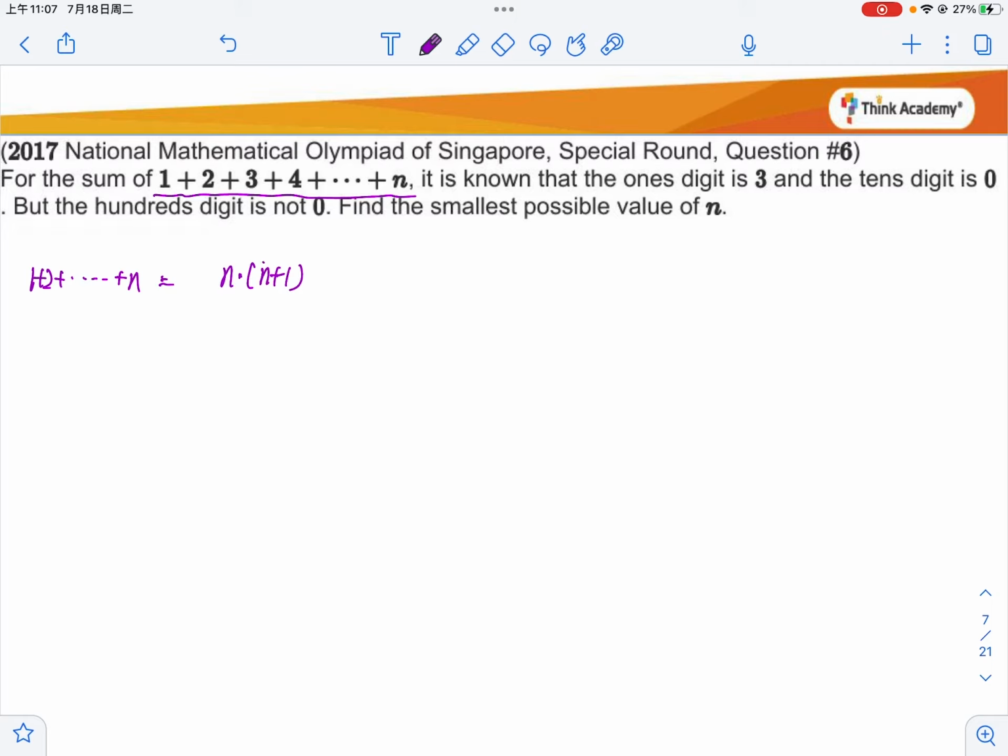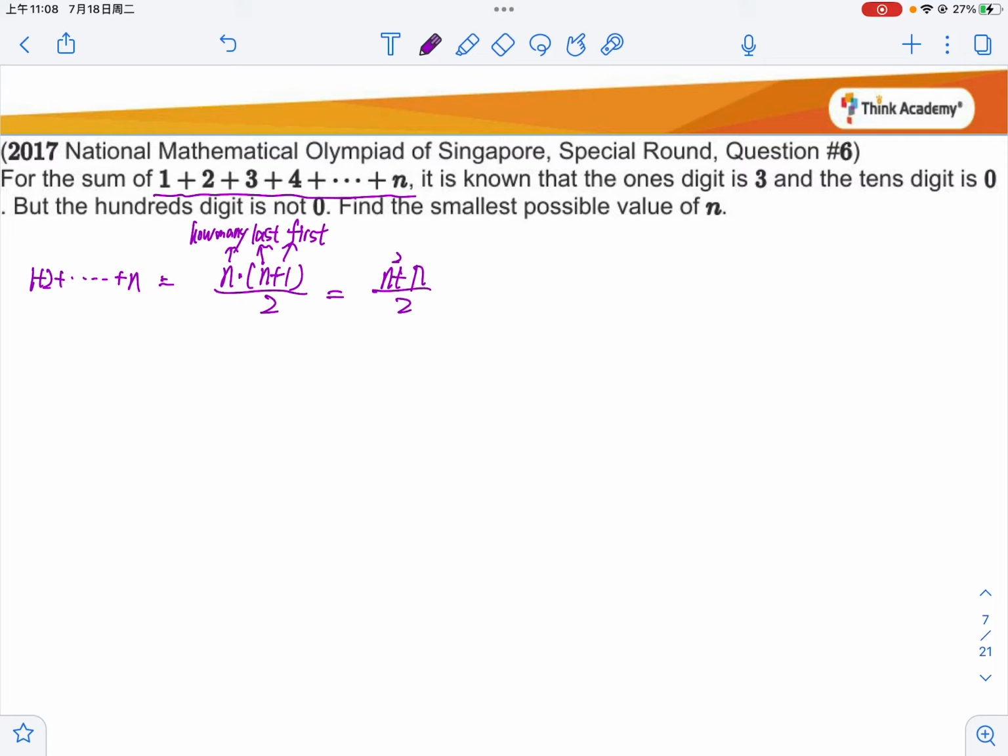This is the first number, this is the last number, and this is how many numbers we have, and divide by 2. It's n times (n squared plus n) divided by 2. So this one is first, last, how many. Okay, it will be clearer for you to understand.